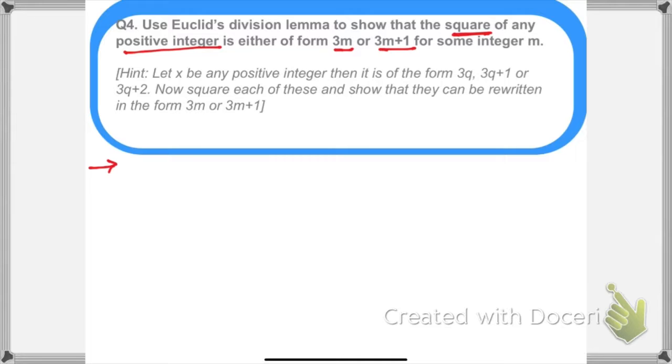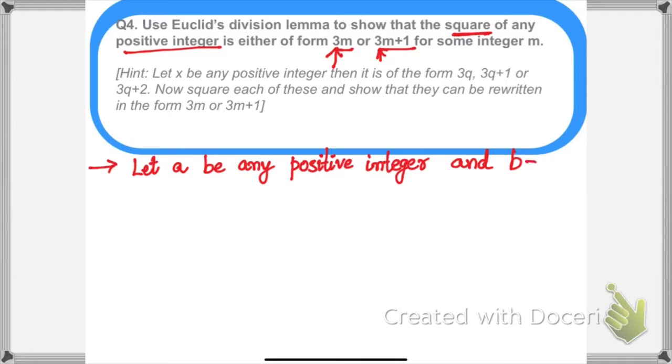Let a be any positive integer and the value of b will be equal to 3. Why? We know that a is equal to bq plus r, so here 3 is the value of b, and we will consider it as 3. Then since a is equal to bq plus r, we'll get here that a is equal to 3q plus r, for some value of q that is always greater than or equal to 0.